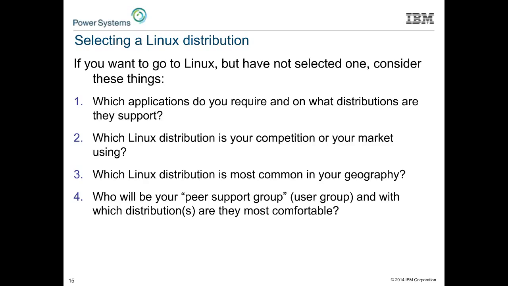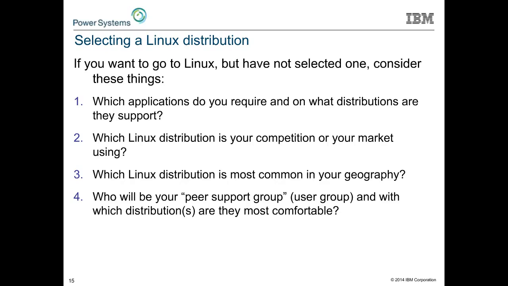And the final thing I always encourage people to think about when picking a distribution is, who's going to be your peer support group? Who's going to be your user group? And do they have a preference? If there's a Linux users group in my community, in the city where I'm running my headquarters or where my data center might be located, what does that support group tend to talk about the most?